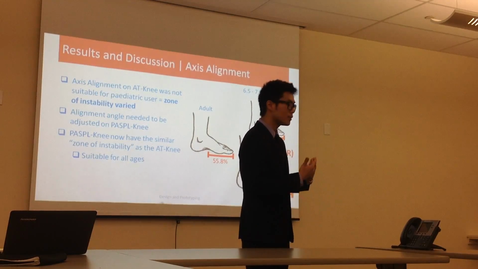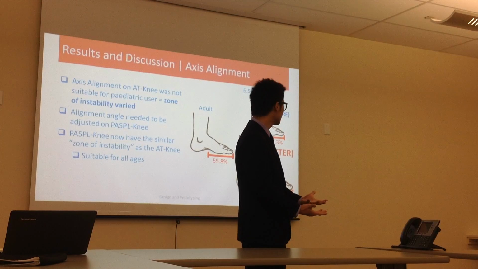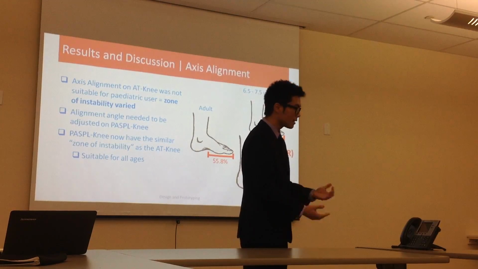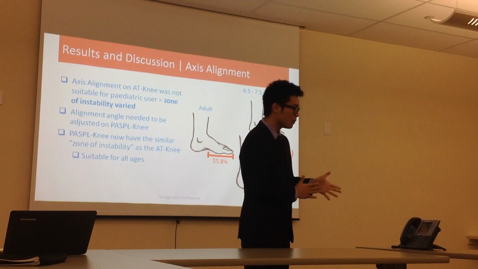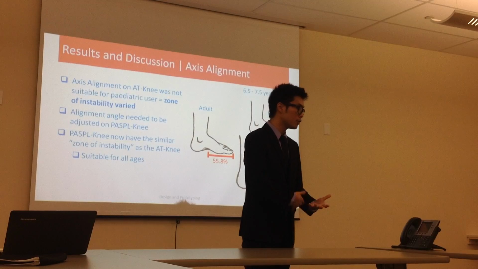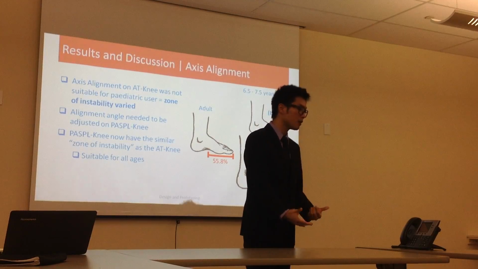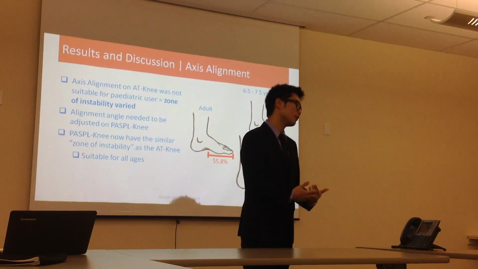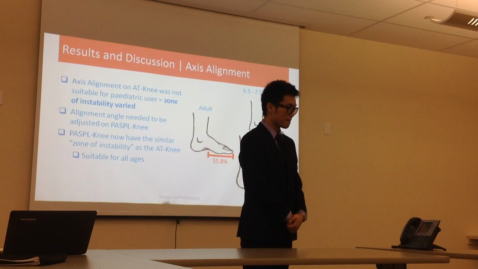So looking at this study, maybe we have to revisit the axis alignment in the knee, and also try to establish the optimal overall prosthesis alignment. That may help make it easier to initiate swing phase, and therefore reduce the energy expenditure.